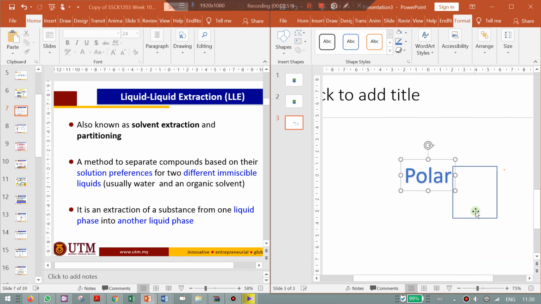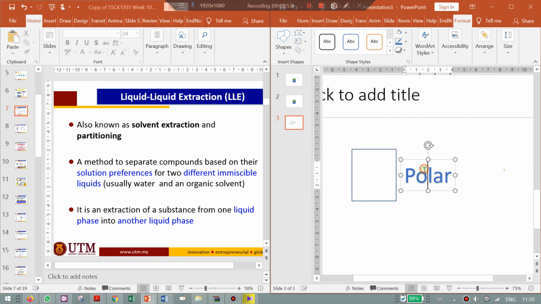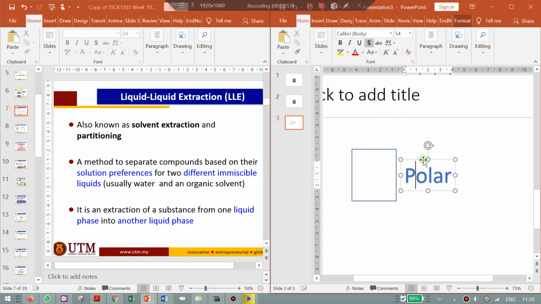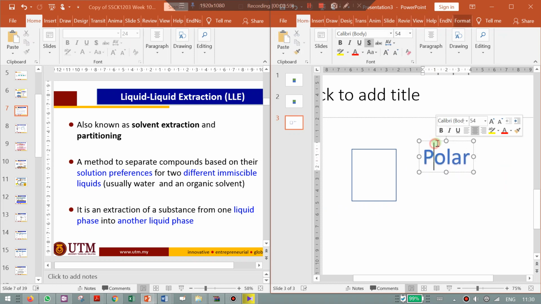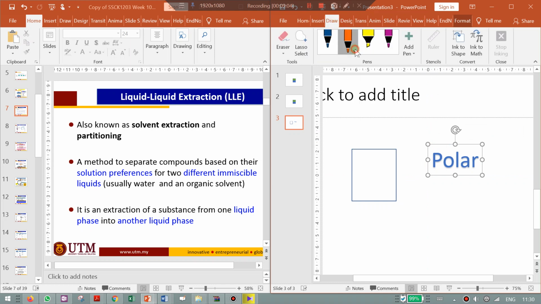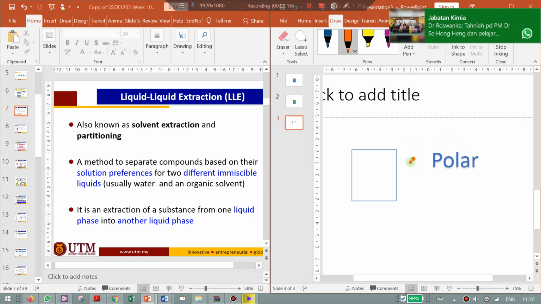Let's say you have a polar analyte of interest, and your sample is inside the water.